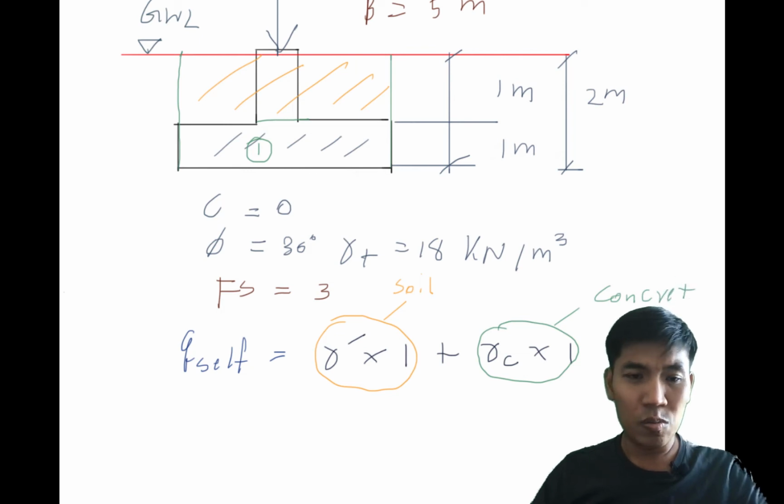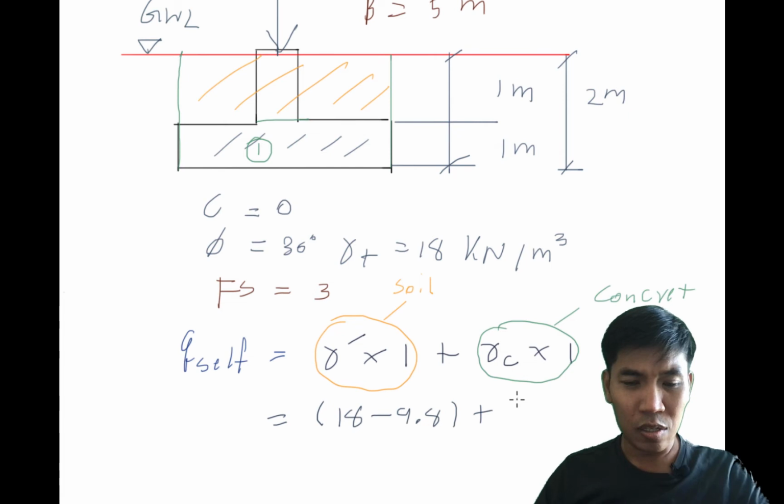If I put numbers in this equation, gamma prime equals 18 minus 9.8, plus concrete, which is about 24 kilonewton per cubic meter, times 1.